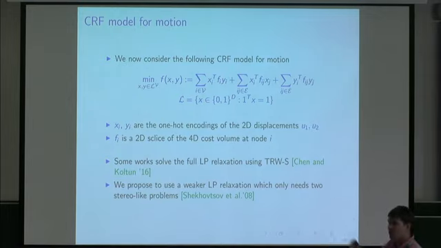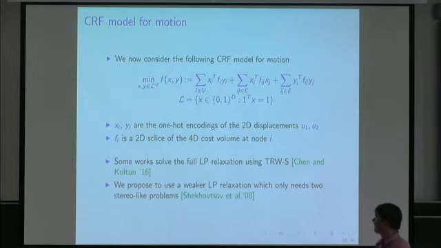So this Fi is now no longer a vector for matching costs of different disparities, but it's a 2D slice of matching costs for horizontal and vertical displacements. But the observation here is that actually the regularizer, so this is for the horizontal displacement, this is for the regularizer for the vertical displacements, it's separable.